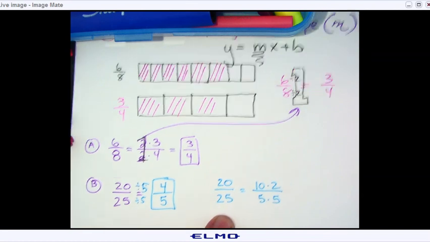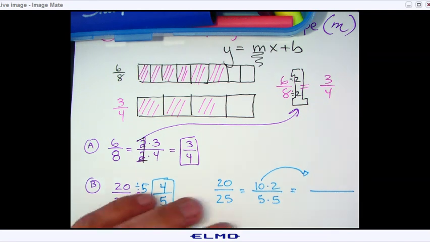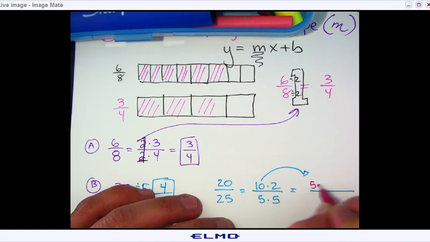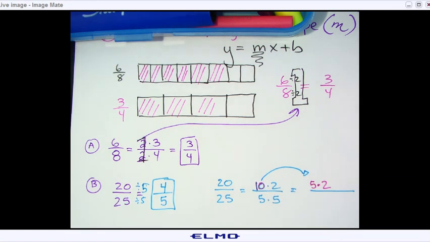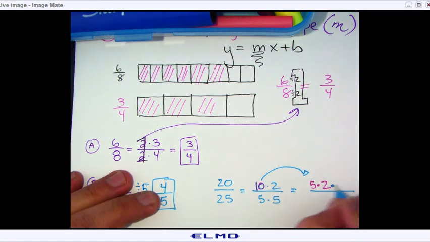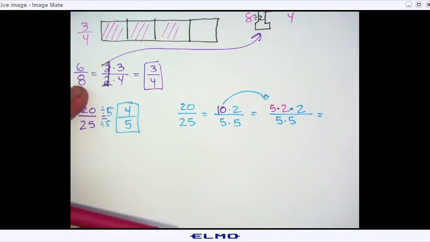All right, but can we still break down any of the multiples? Yeah, the 10. What are your multiplications of 10? 5 times 2. Right, so let's go ahead and put 5 times 2. And that's for 10. Right? And don't forget the 2. And then don't forget the 5 times 5. Okay?